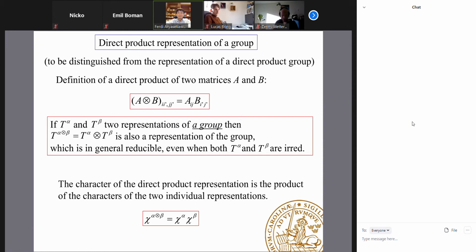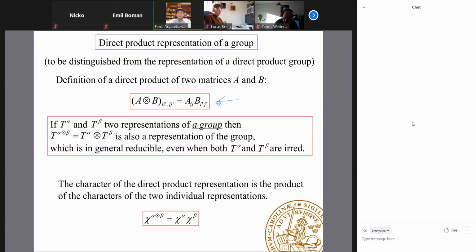But here we are looking at the direct product representation of a group. So we want to know what happens when we multiply, by which I mean form a direct product between two representations. This is a definition of a direct product of two matrices, A and B. It's defined in this way. This is not matrix multiplication, as you can see.